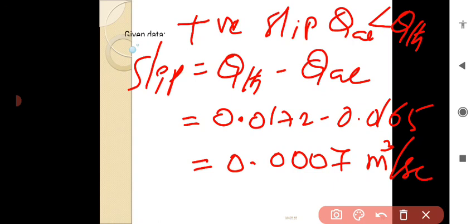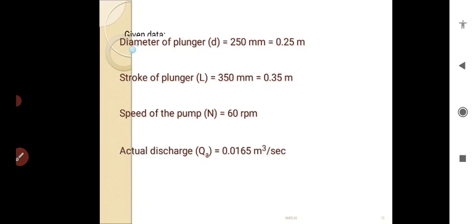Now we have calculated all the required values: the theoretical discharge is 0.0172, the coefficient of discharge is 0.96, and the slip is 0.0007 meter cube per second. Observe here once again, I will show you how we calculated. This is the given data, and here is what we have to find.